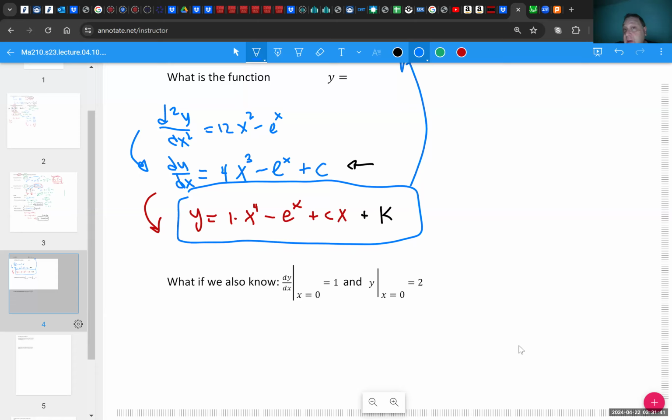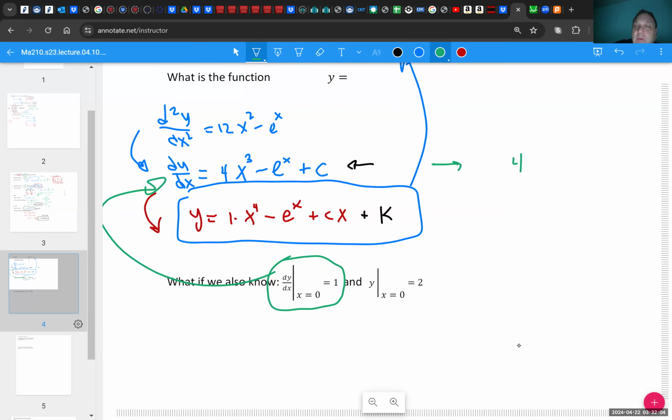Well, if you're given numbers, again, that's our cue in algebra to plug things in. So this goes into what equation? This tells us something about the derivative. When I plug in x equals 0 into the derivative equation, I get 1. So that has to go into the derivative formula, right? That's where I plug this in. So in the derivative formula, dy dx, I plug in x equals 0.